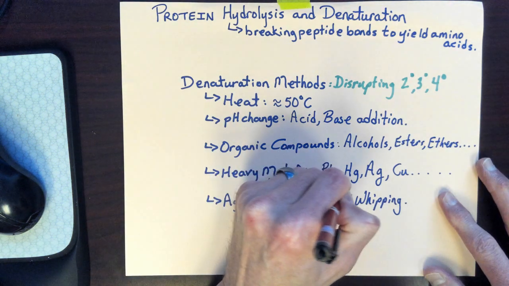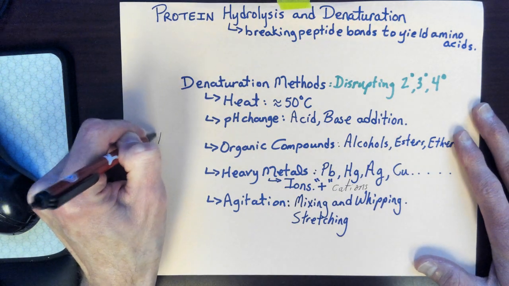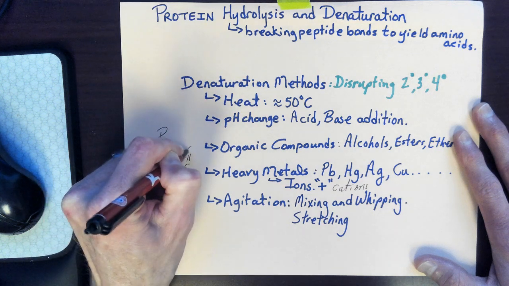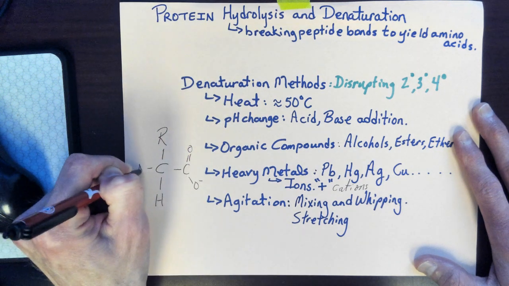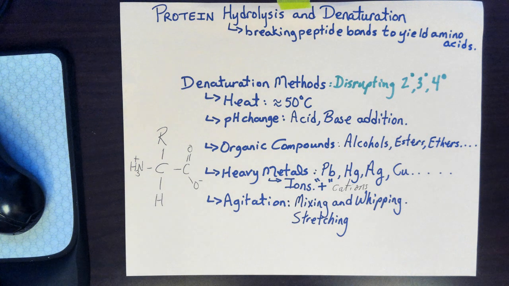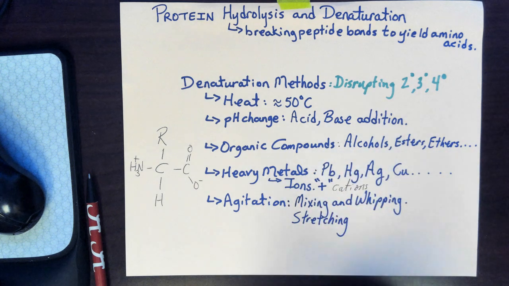Think back to the structure of amino acids with the R group, the alpha carbon, your hydrogen, your carboxylate group, and your ammonium group. When you start to introduce positive ions into the protein structure, you can see where the positive ions may interact with these charged groups. They may also interact with the R group.